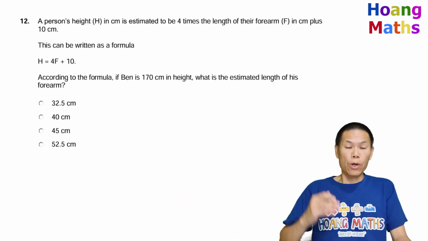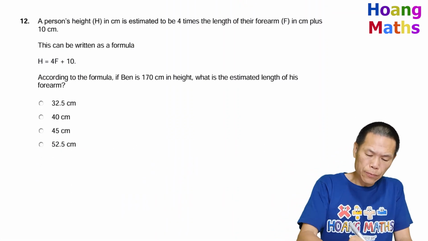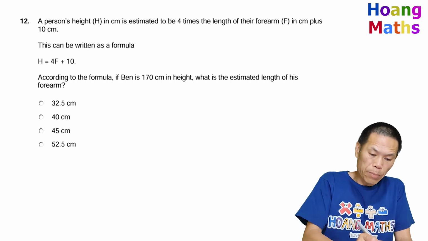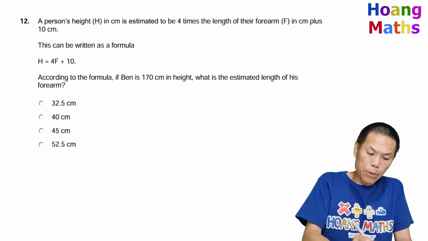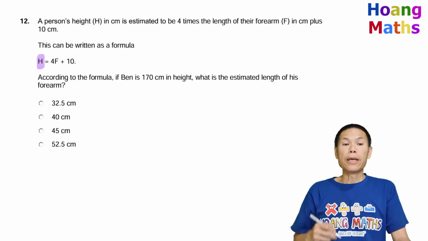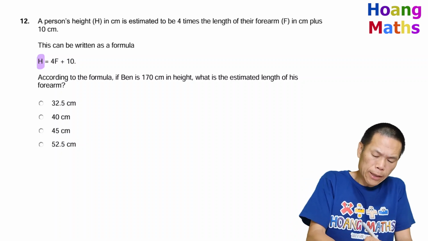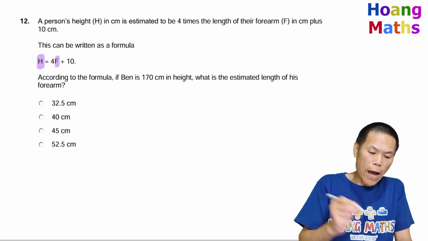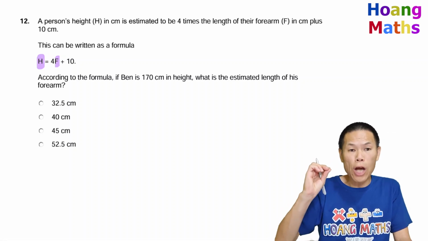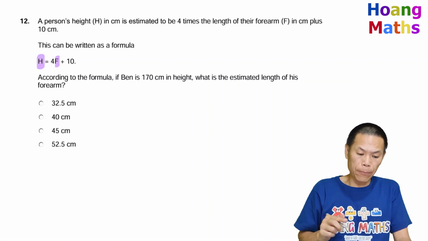Number 12. So we know that height is the height of a person in centimeters, and F is the forearm, that is in centimeters as well. So height is equal to 4 times F plus 10.